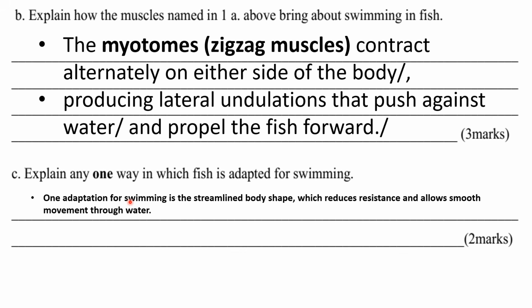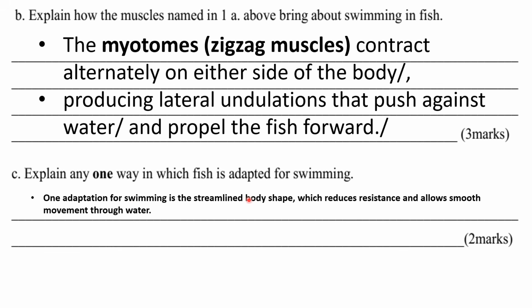Here I only represented one. But make sure that each of the adaptations mentioned has two parts so that you gain 2 marks. So one adaptation for swimming is the streamlined shape.